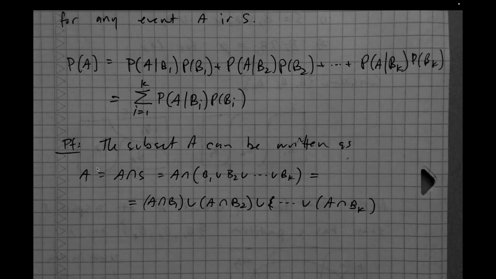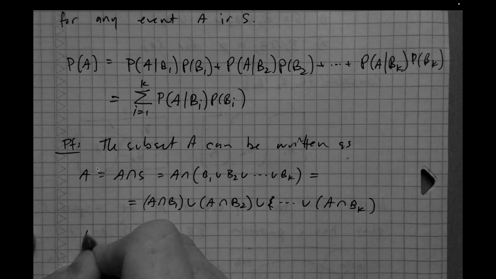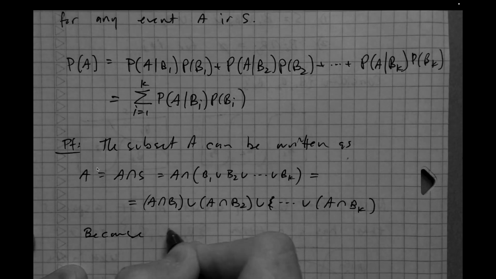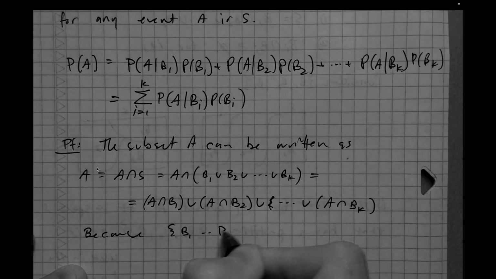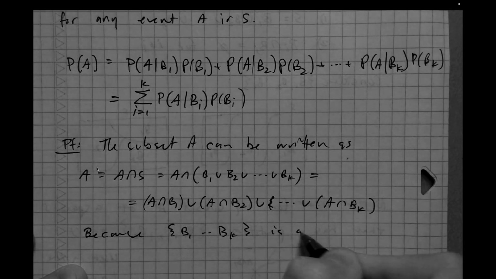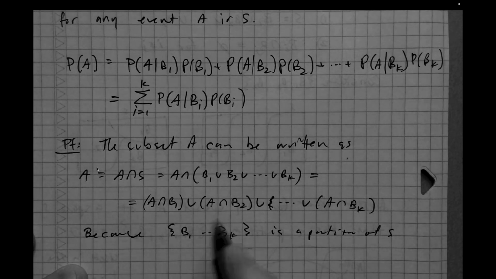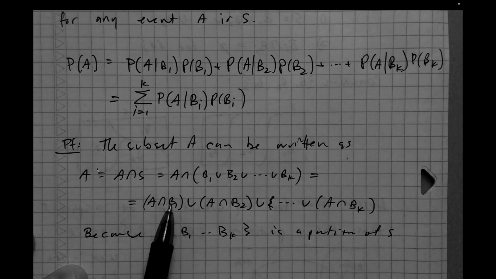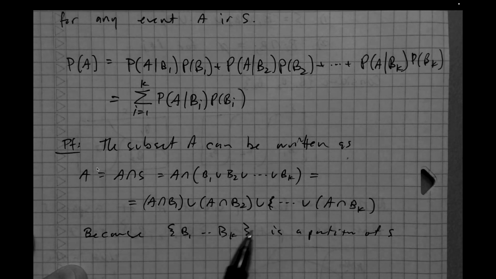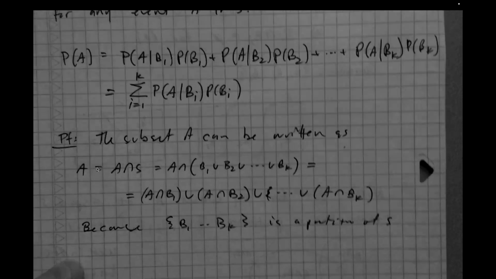Now, because B1 through BK is a partition of S, we know that the intersection of B1 and B2, for example, is empty, and the intersection of B1 and B3 is empty. So any two arbitrary members of this collection of subsets are going to have an empty intersection.